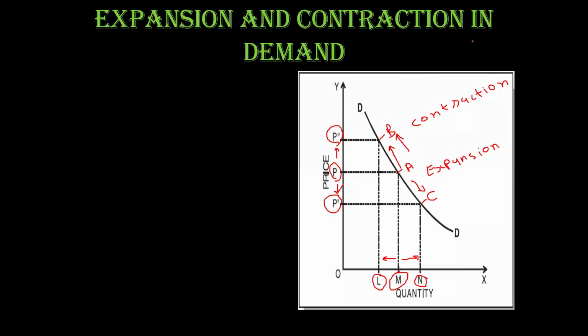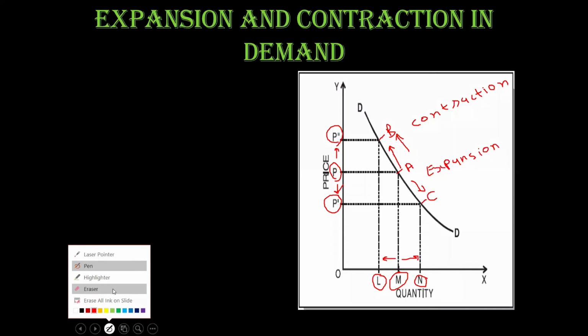Price is the factor that changes, and because of the change in price, there is either expansion or contraction. Now we have understood this with the help of a diagram. Let us describe all these things. So for example, there is an increase in price or decrease in price.